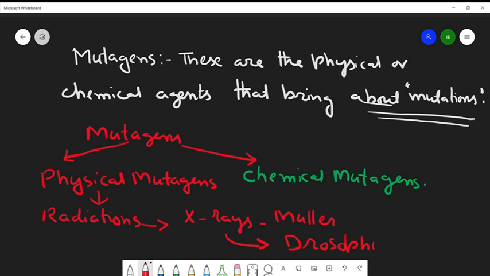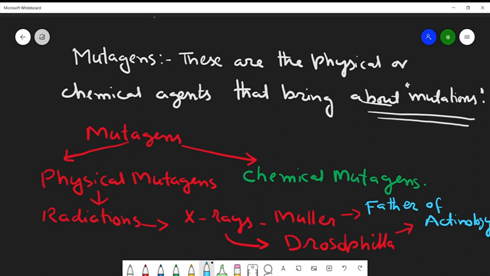On the basis of his studies of X-rays on Drosophila, he is regarded as the father of actinology.